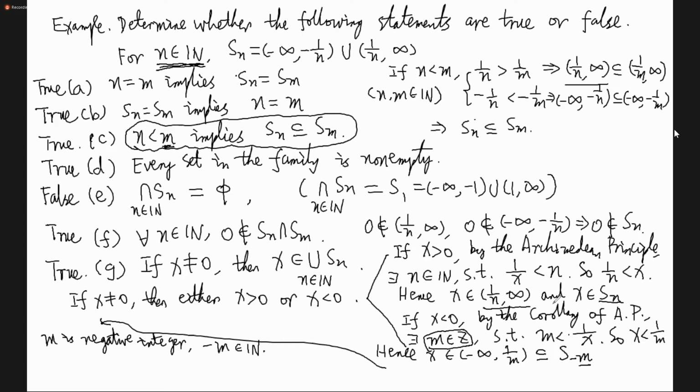All right, so you can see when you prove this set containment involving natural numbers or integers, the Archimedean principle and the corollary of the Archimedean principle is essential. Especially when you want to get some control, some inequalities, you have to use the Archimedean principle.